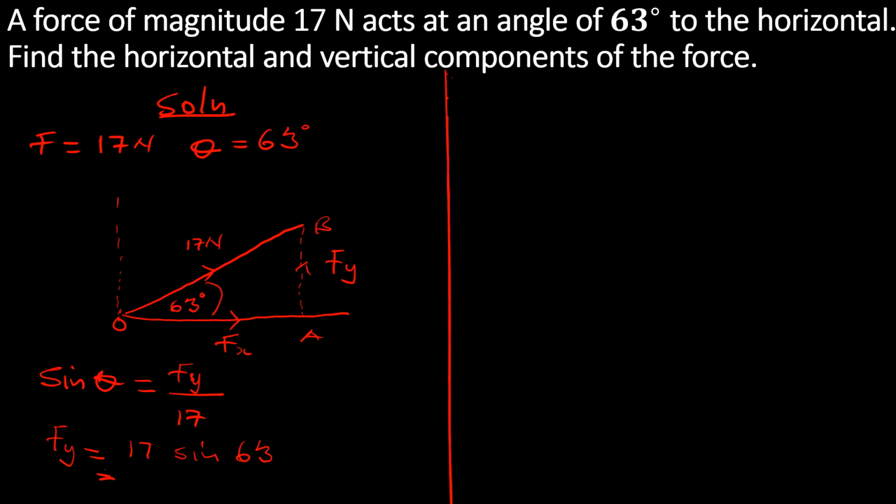So F of Y is equal to 17 times 0.89. So let's use our calculator once again. So 17 times 0.89, which will give us 15.13.